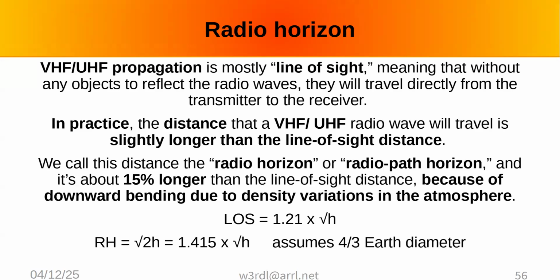They took the diameter of the earth plus that height, and that's where they come up with the 1.21. And that gives you the distance in miles between your transmitter and where you would make contact with the surface of the earth at that distance, which means somebody at the same height as you could be that far away on the other side.